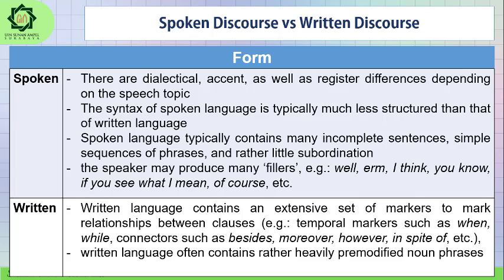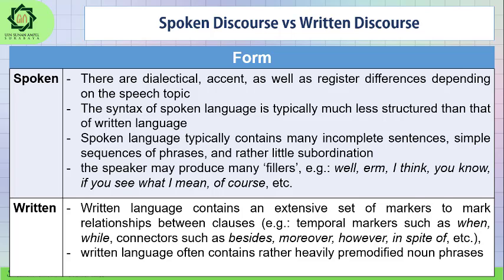For the written discourse, written language contains an extensive set of markers to mark relationships between clauses. So the syntax of written language is typically more structured than the spoken text.